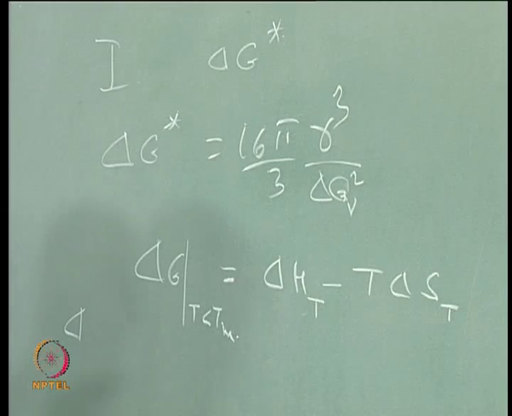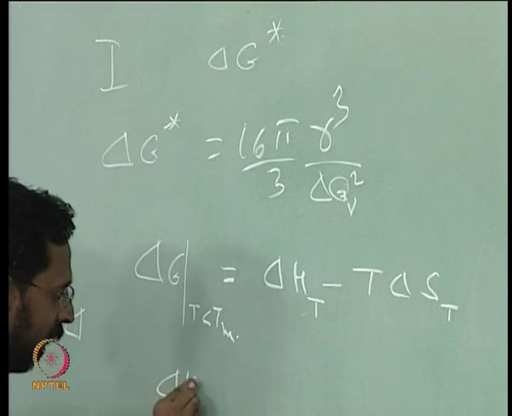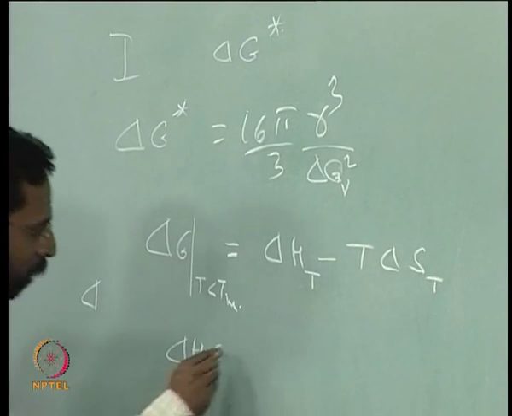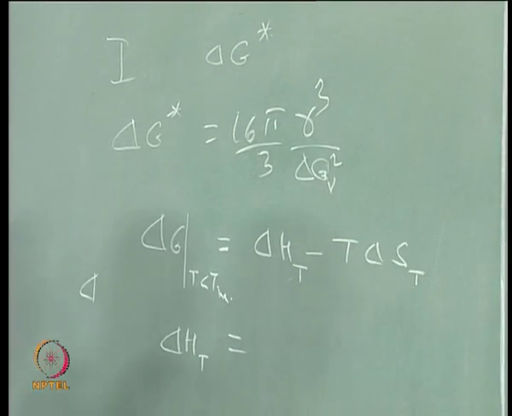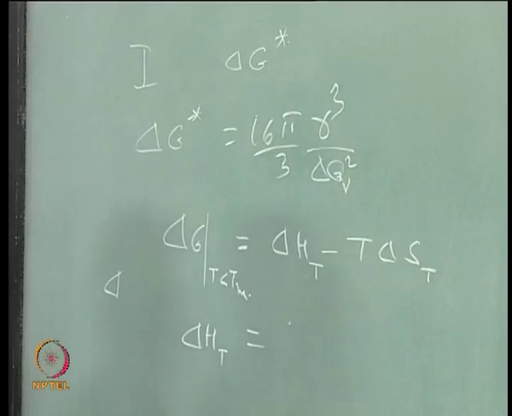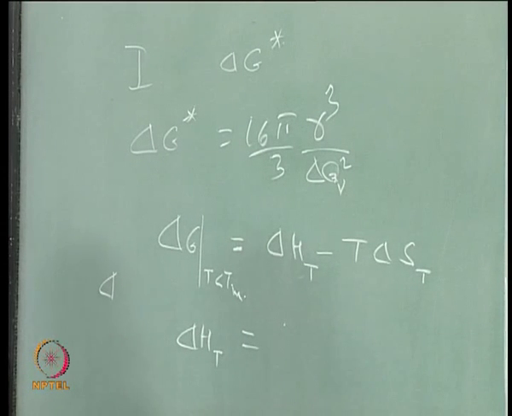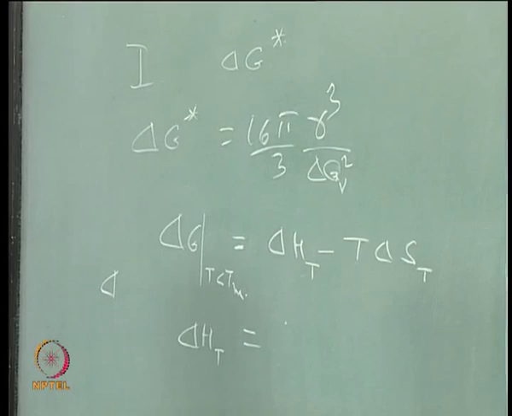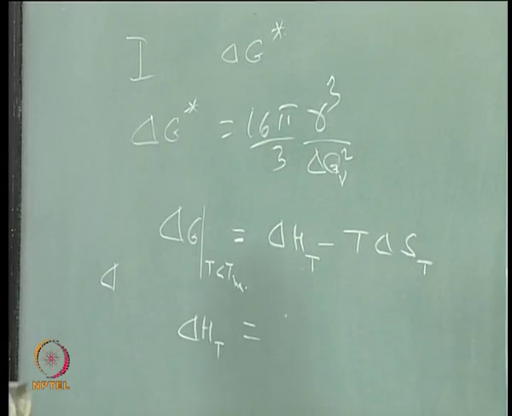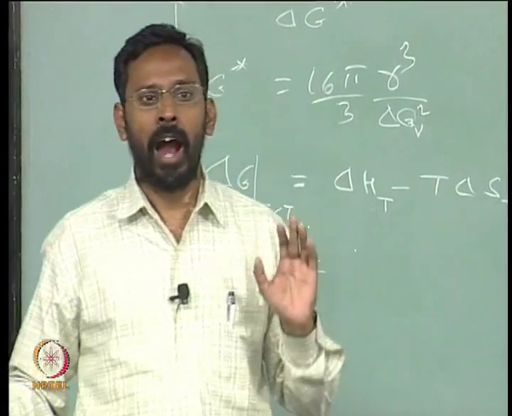To know that, delta H at any temperature T can be expressed as an expression in terms of delta HF. Okay. I need to have a reference point. What is the reference point that I know? It is the melting point. At the melting point I know what is the delta H. Any standard handbook will give you the heat of fusion at the melting point.